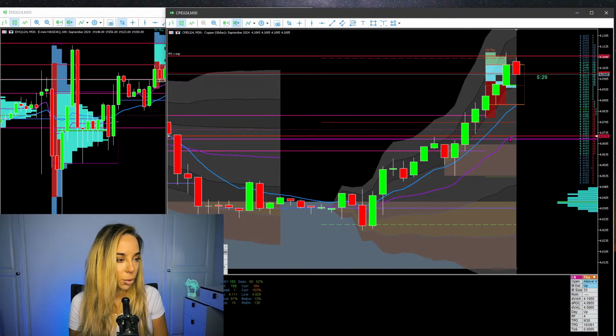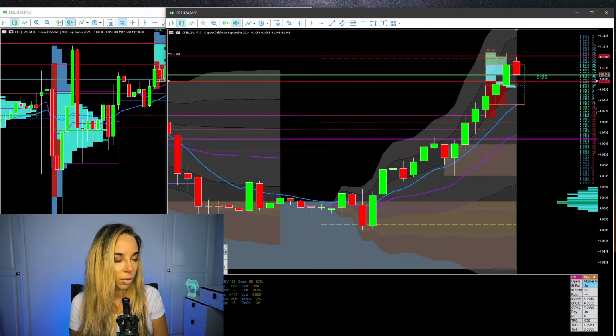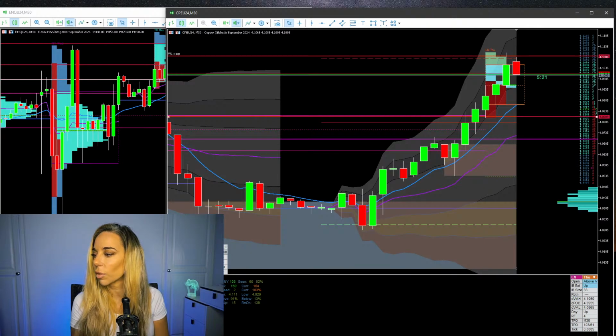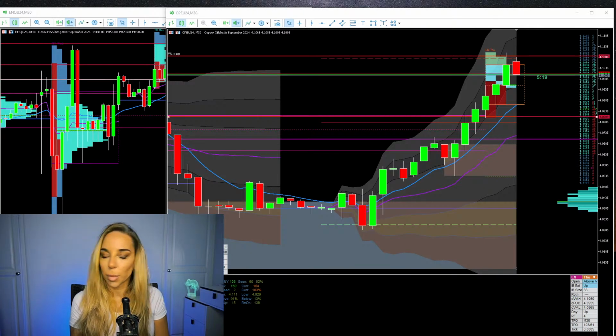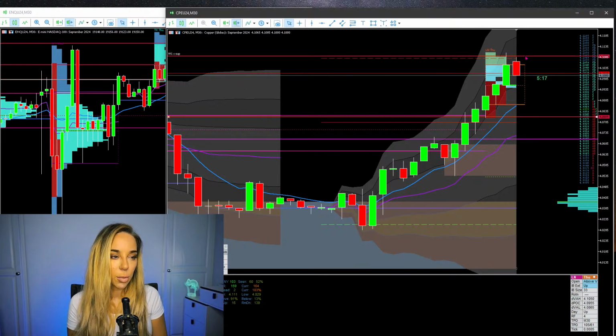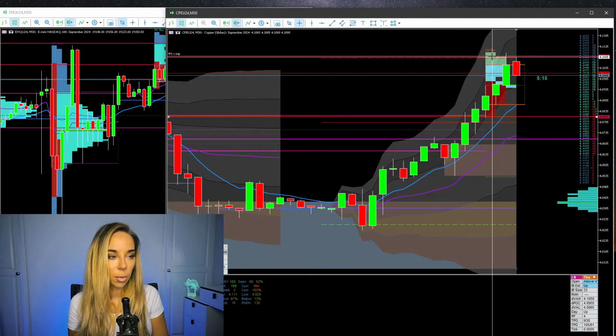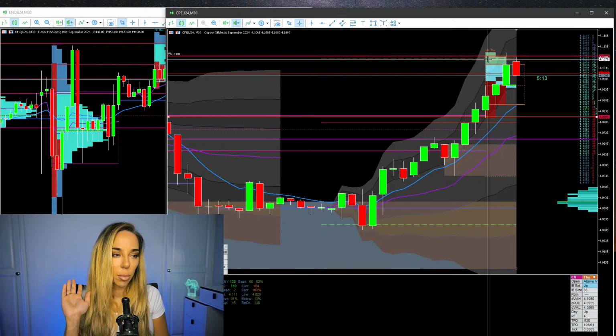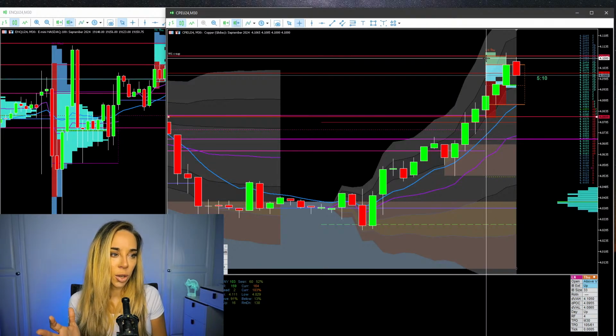Yeah, that might be overshooting it a bit. But let's see what it does, because it is a big orientation point. Big supply, big intraday level, average daily range high.